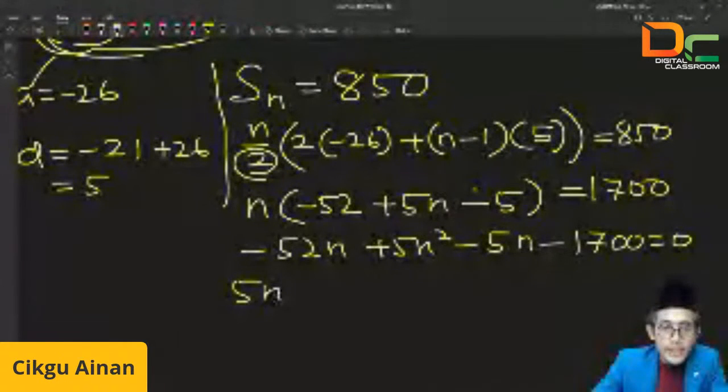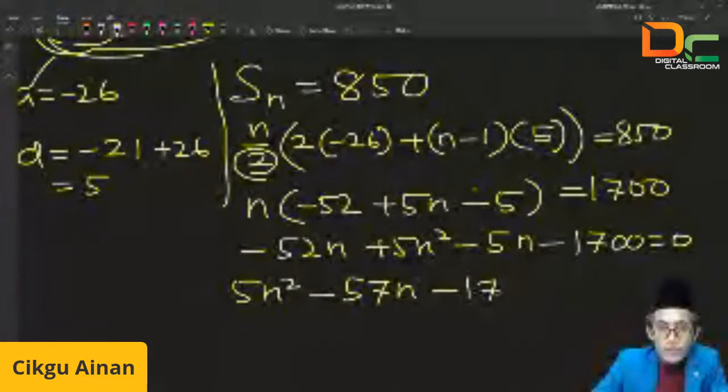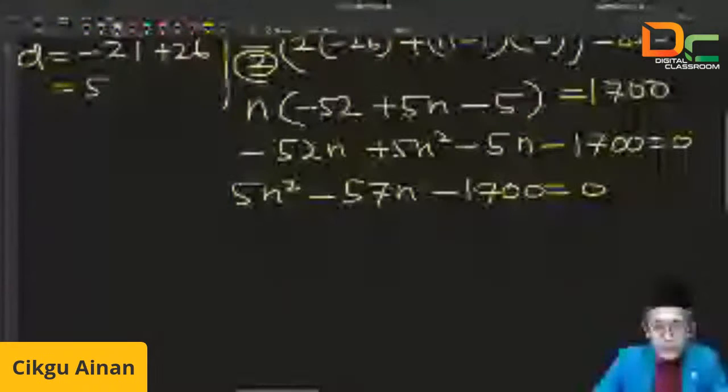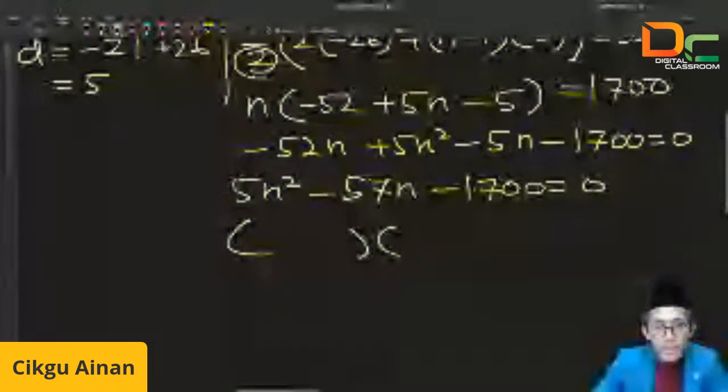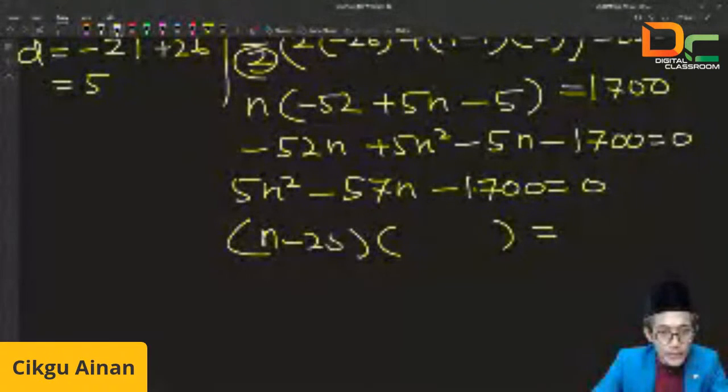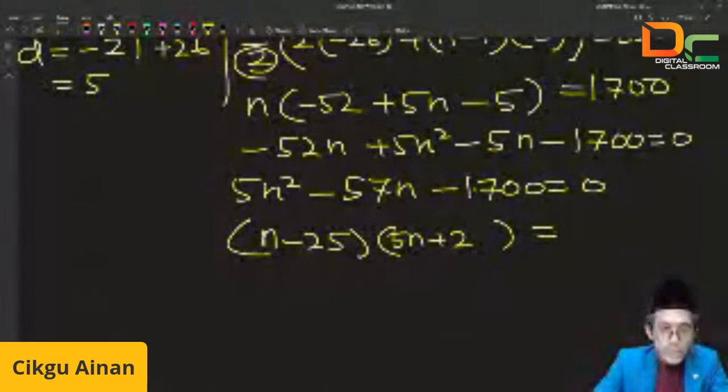So we rearrange them. This is your very favorite, solving a quadratic equation by using EQN. If you use it, you may get the factorization of n minus 25, 5n plus 68 equals 0.